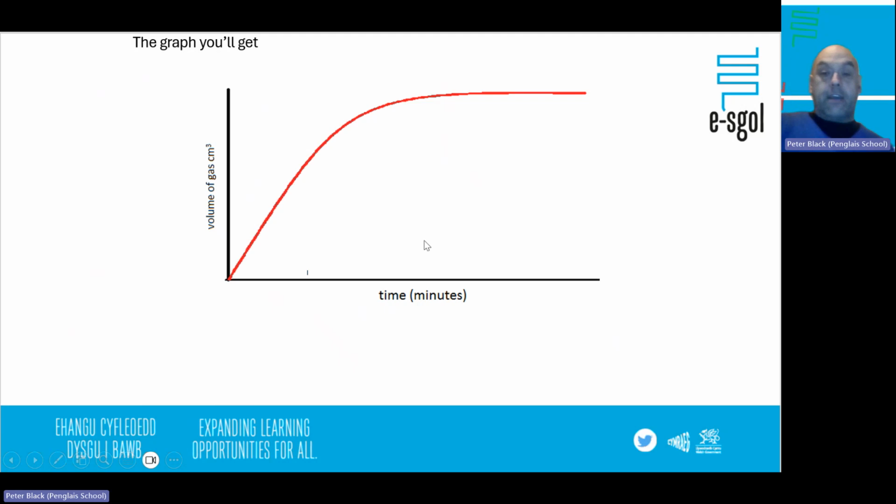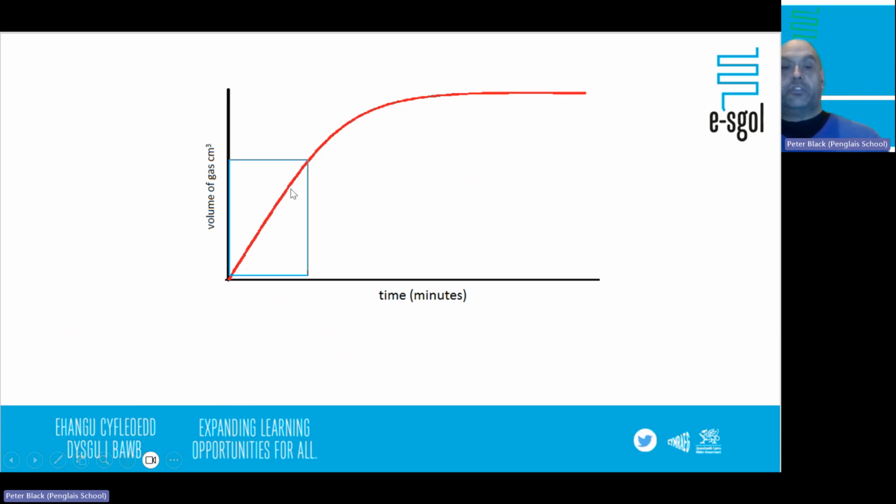So here's the graph we get with collecting a gas. You can see at the start we've got no gas, but as time proceeds, we collect more and more gas. The interesting thing about this graph is that it starts to curve off, and we get a less steep curve. So it's steep, and it gets less steep, and then eventually it becomes flat. Why is that important? Well, this is where we need to talk about graphs. The steeper this curve, the faster your reaction is going.